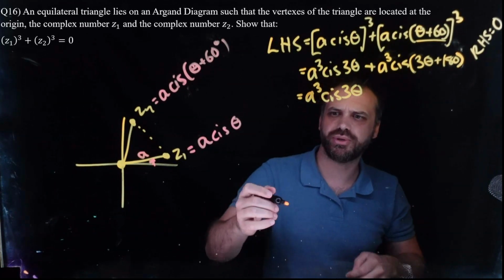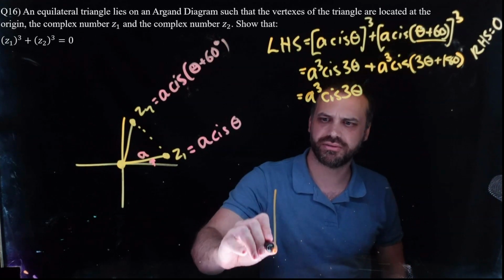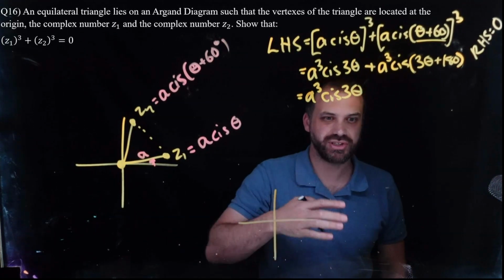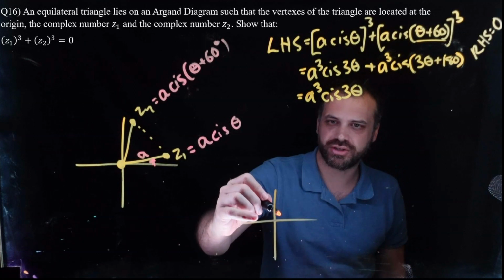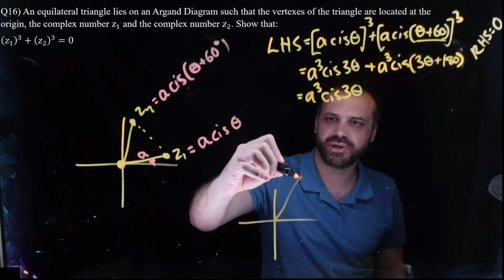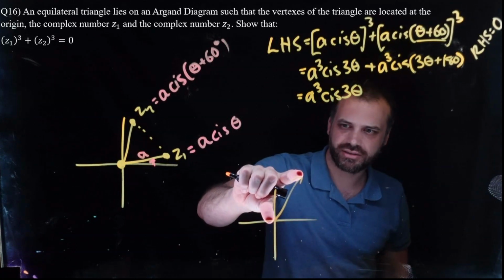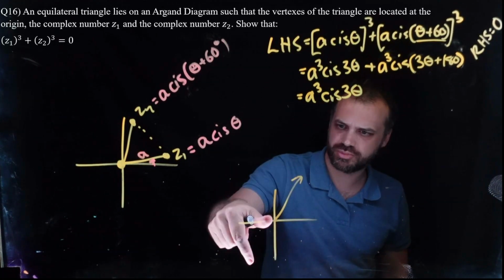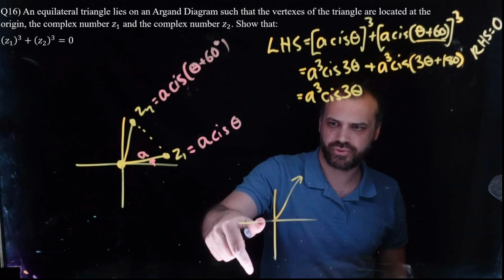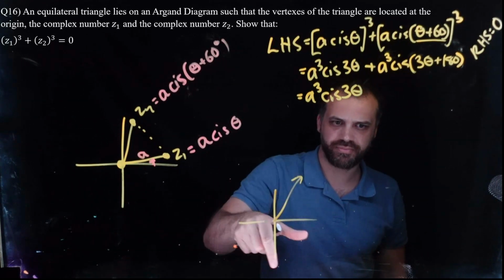What does it look like when you take a complex number? So 3 theta is just like some new angle, right? The complex number might look like this. But then when you add 180, you're just spinning it around. Bam.